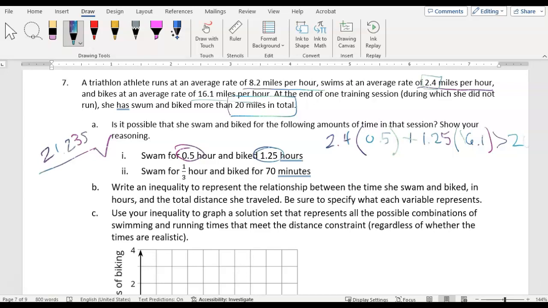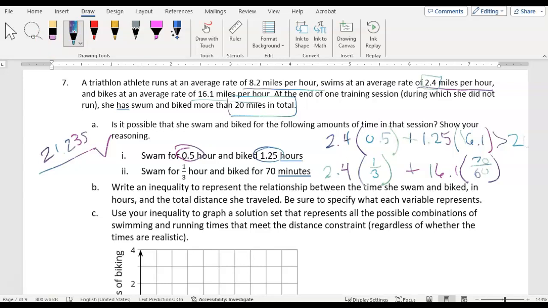Swam for 1/3 hour, so she's going 2.4 miles per hour times 1/3 plus biked for 70 minutes, so 70 out of 60 would give us hours, so 16.1 times 70 over 60.